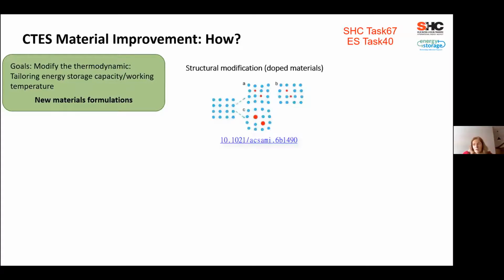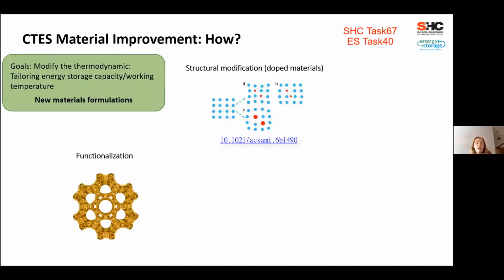For example, we can act on the structure of the material, on the crystalline structure of the material, creating doped material. So, for example, adding new atoms in the structure.